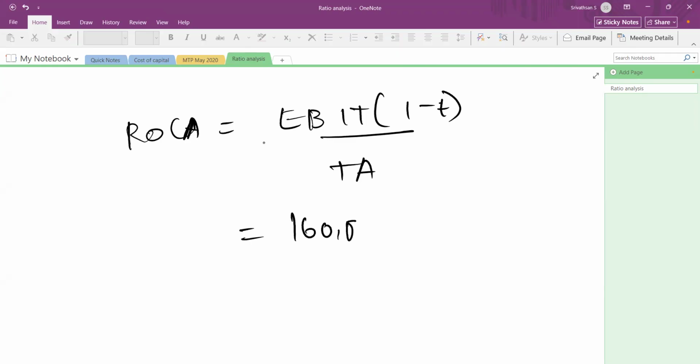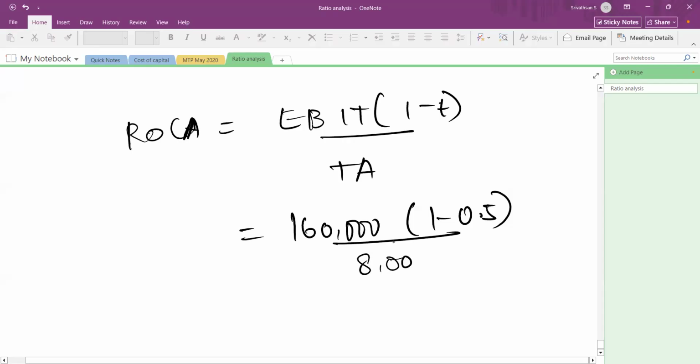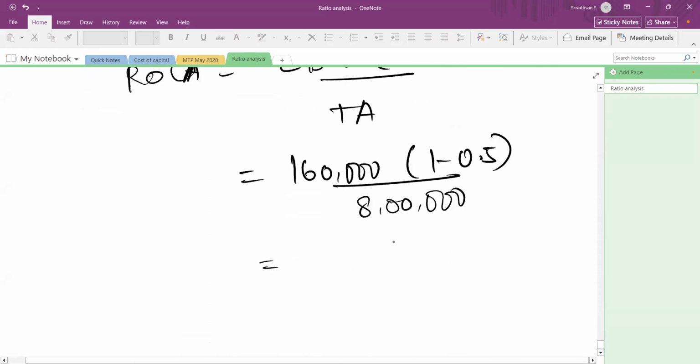EBIT is 1,60,000 into 1 minus tax rate, 0.5. Total asset is how much given in the question? 8 lakh. Or 64,000 plus 32,000 divided by 8 lakh. So here we are getting 10%.